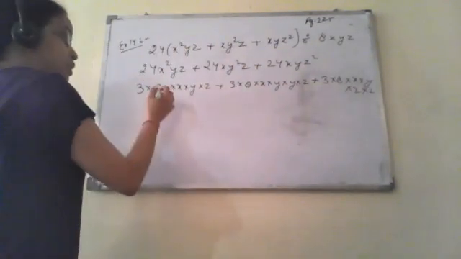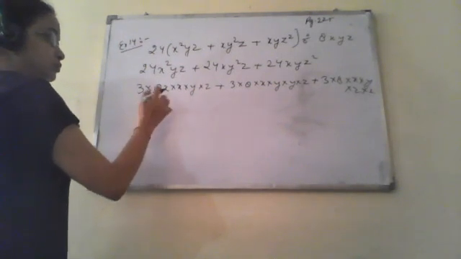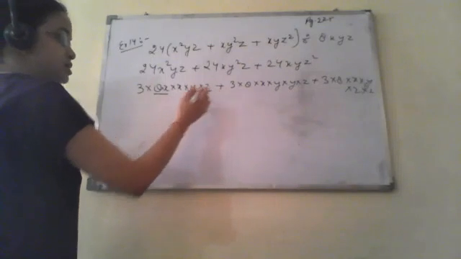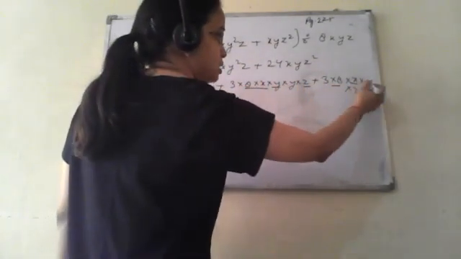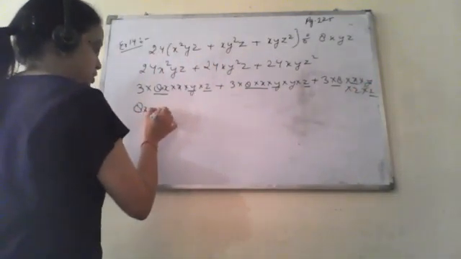Now we are taking this 8 x y z common. Now we have taken this 8 x y z outside.